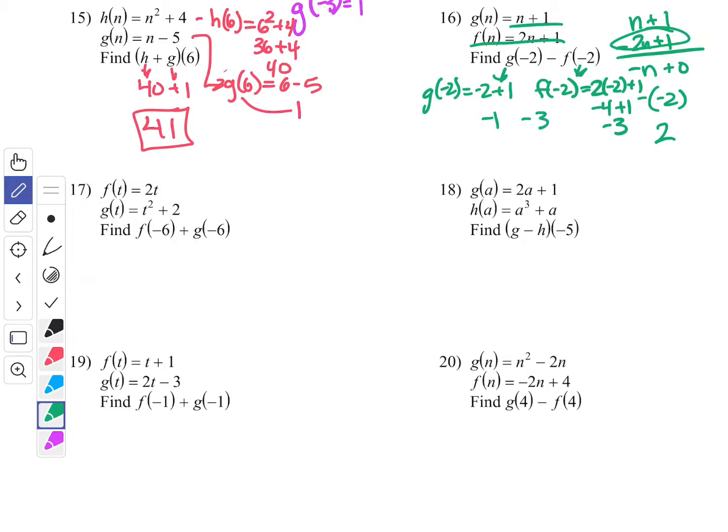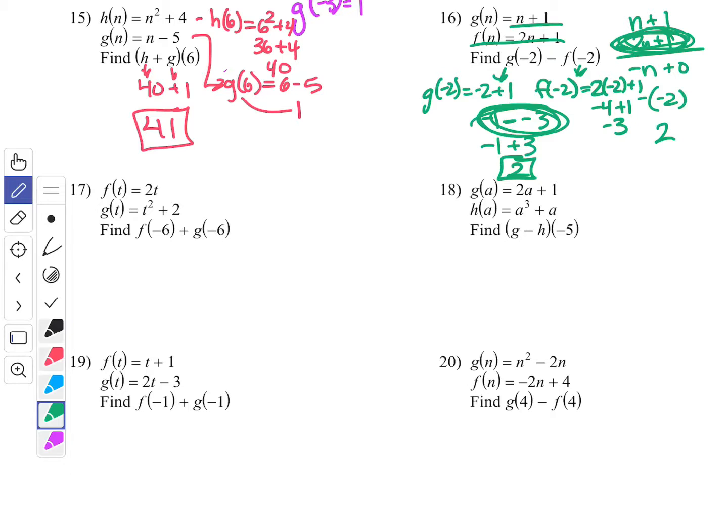So f of negative 2 is negative 3, and I'm subtracting. So that's like plus 3, so I end up with 2. So what I like here is I don't run the risk of messing up this part when I'm doing this part. That's why I like to do the negatives like that, simply for that purpose.